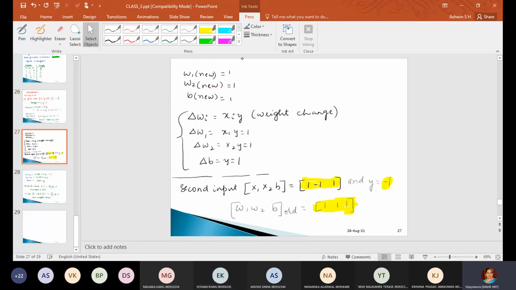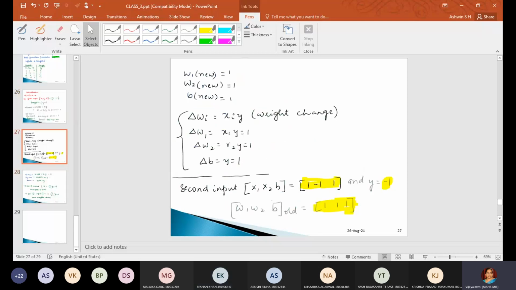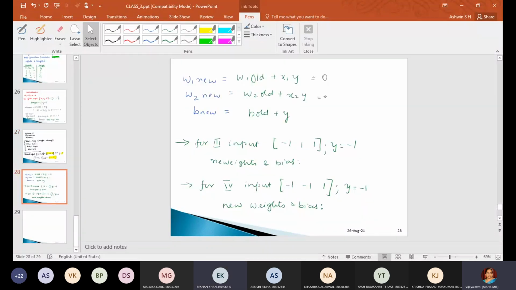This we have got for 1 1 1, right? In the previous slide we have got 1 1. So for the second input, what is the new W2? This one you tell. 0. Ma'am, I got 2.